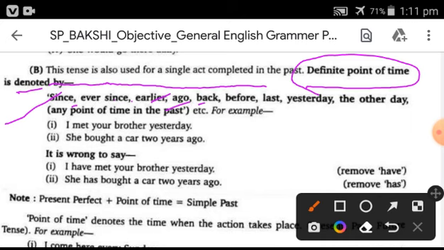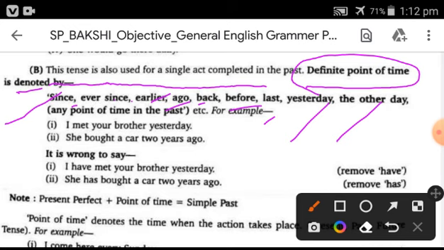As I discussed in the previous slide, these are words which indicate past time, and when they are used in a sentence, we have to use past indefinite tense, not any other.